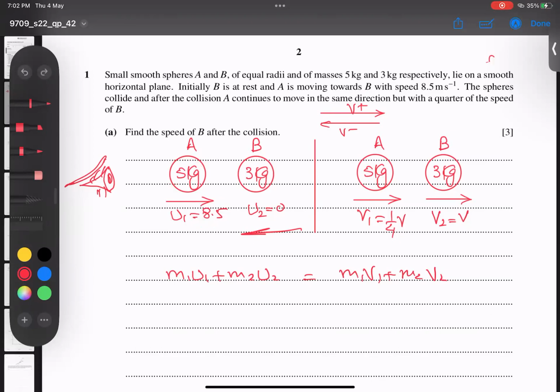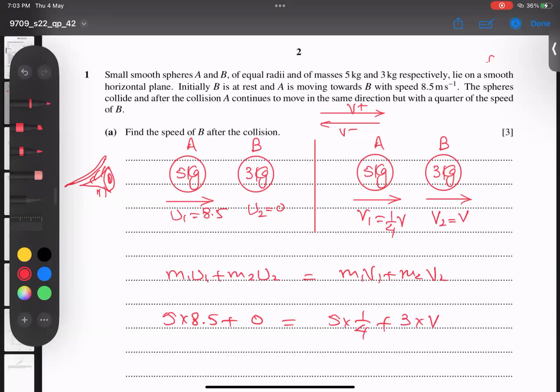Mass 5 times 8.5, and this is 0 because the speed is 0. This is equal to mass 5 times one quarter v. The mass of B is 3, and its speed is v.